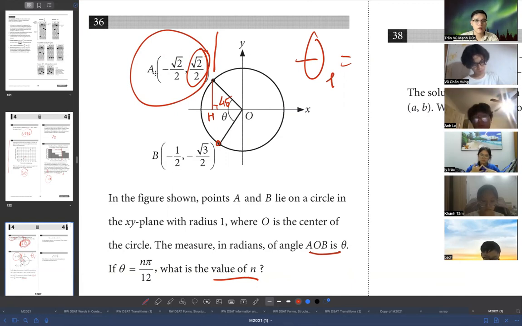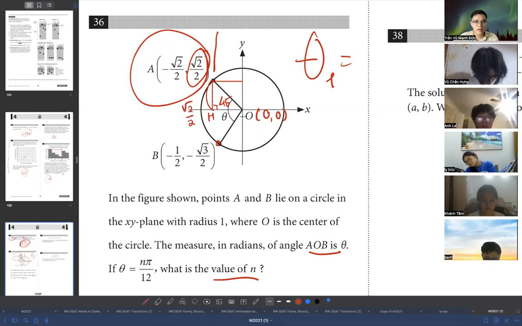So the y coordinate, let's say this has the coordinate of 0 and 0. So we just draw a vertical and horizontal line between these two. So the length of AH is square root of 2 over 2, and the length of HO is square root of 2 over 2. There's no minus here, remember, because we're talking about the length. So the length has to be an absolute value. There's no sign here. And how about B? The same thing goes for B.